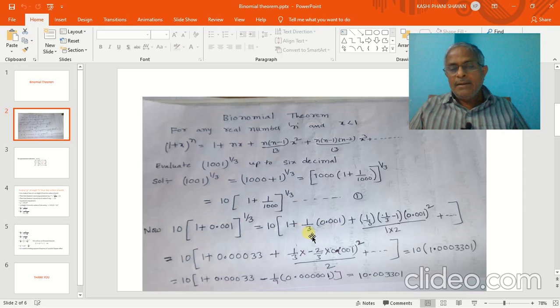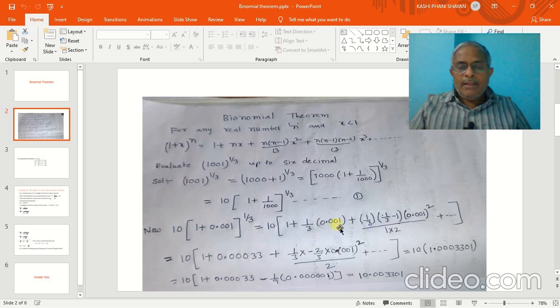So 1 plus 1 by 3 into 0.001 plus n, which is 1 by 3, into (n minus 1), which is 1 by 3 minus 1, into x square, 0.001 whole square, by factorial 2. Factorial 2 means 1 into 2, plus so on. We are taking only these 3 terms: 1 plus nx plus n into (n minus 1) by factorial 2 into x square.